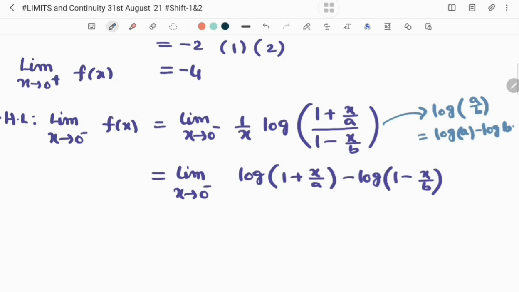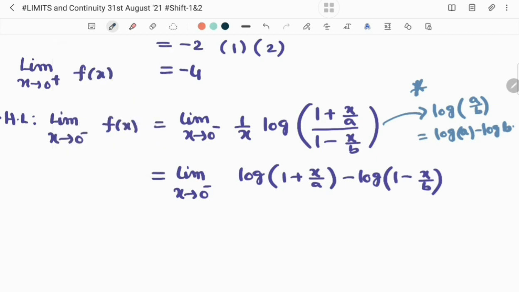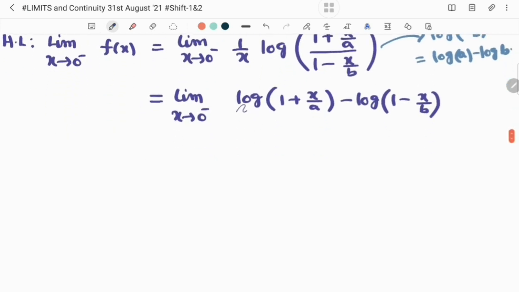That's all. So divided by, as usual, x is there. So x is equal to 0, substitute directly, it is in indeterminate form. Again by applying L'Hospital rule.